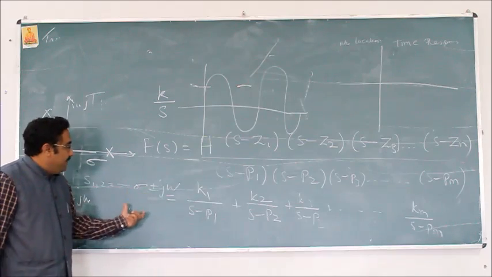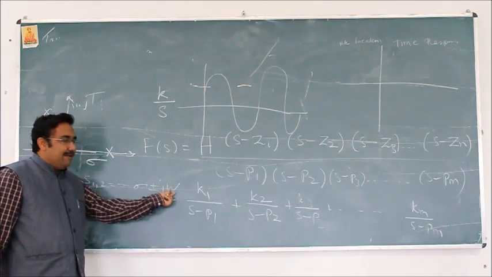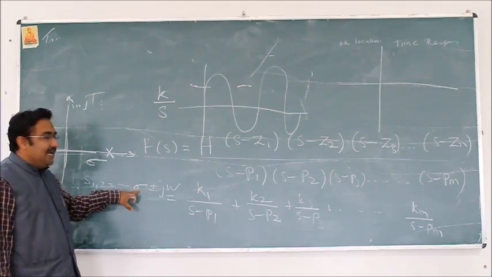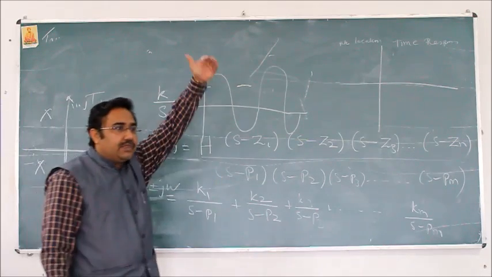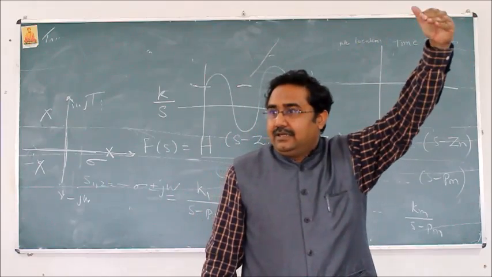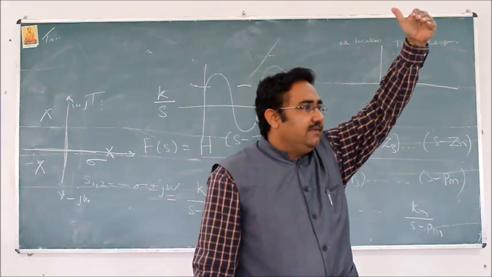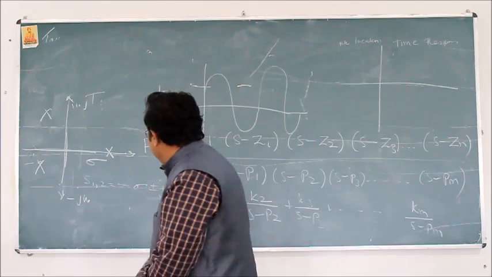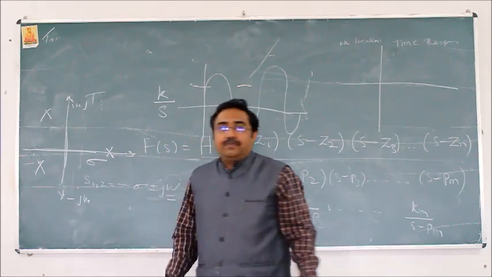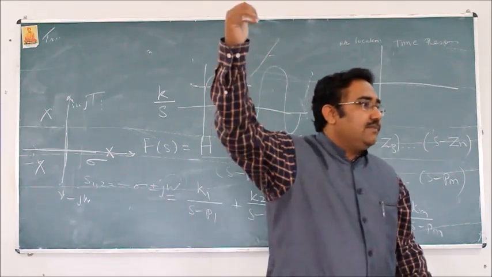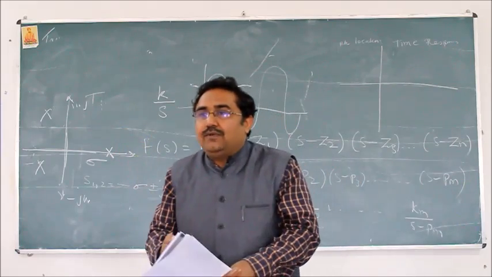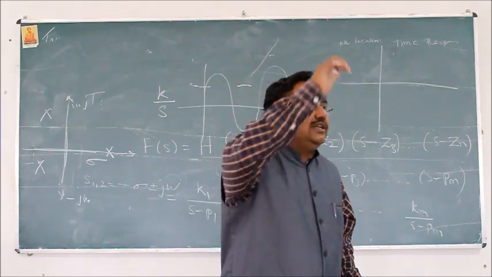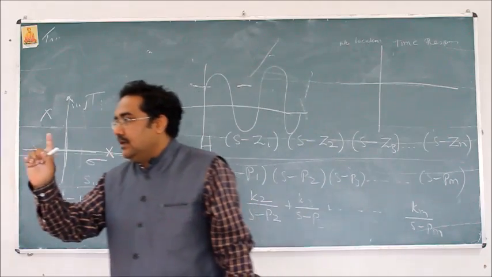Now see, the real part and the imaginary part both exist. The real part, being negative, will contribute to an exponentially decreasing function. This imaginary term will produce the oscillation. And when you superimpose both, what you get is a decaying oscillatory response. Mind it.